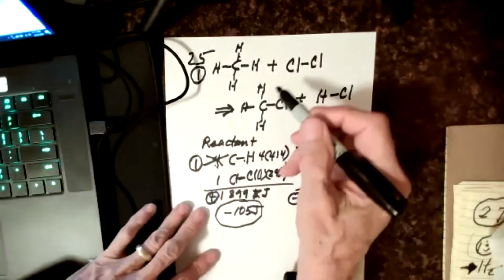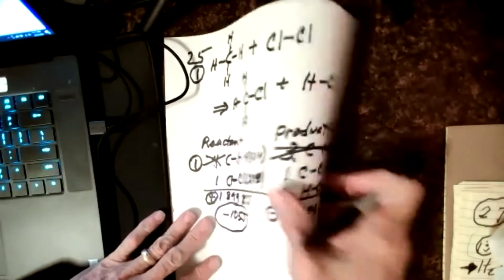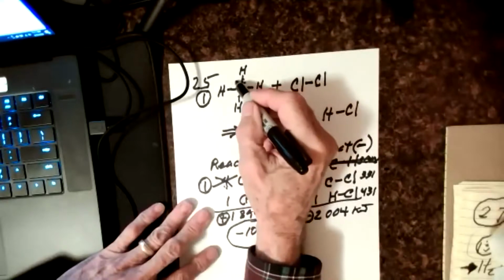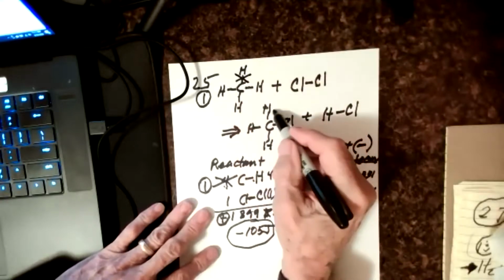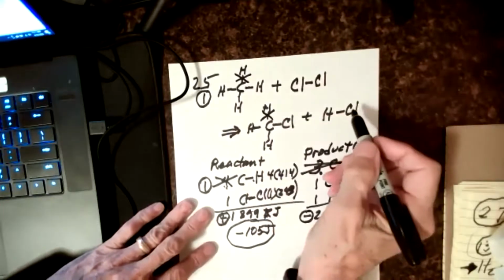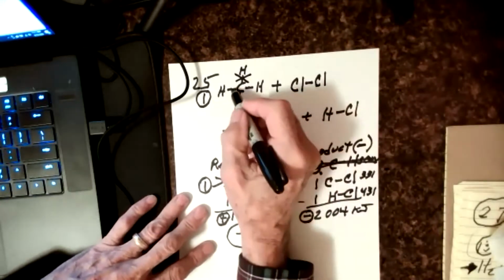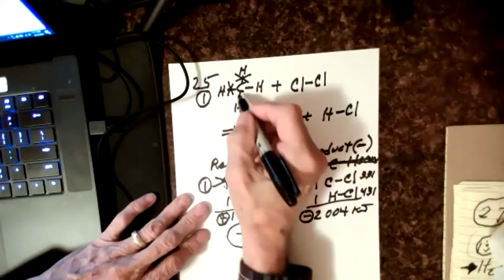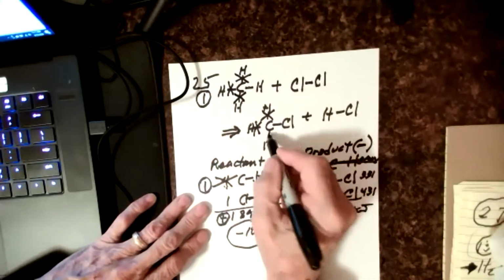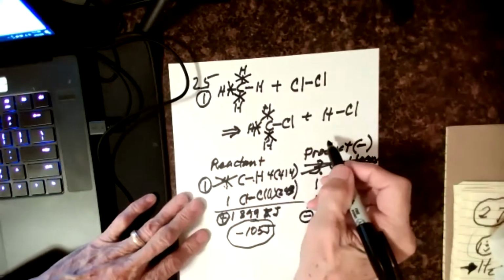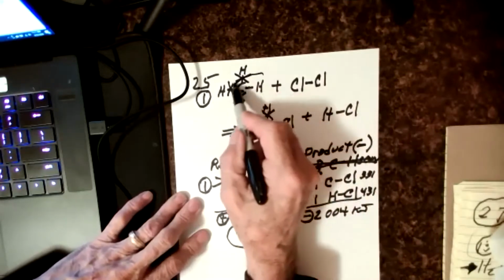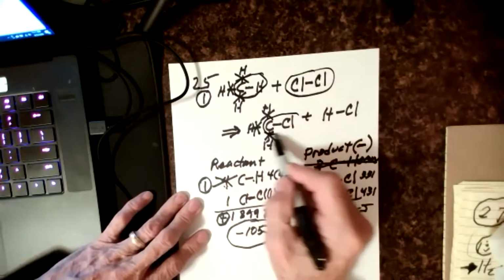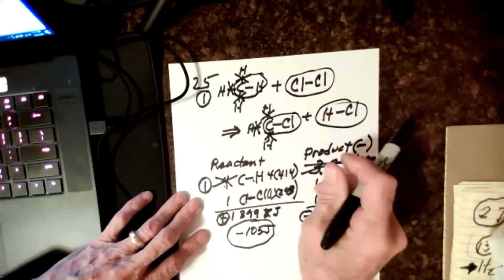Now, sometimes here's what I'll do. I see a carbon-hydrogen bond in the reactants, that one, and I see a carbon-hydrogen bond in the product, so I'll do that. I see another carbon-hydrogen in the reactant and another one in the product, and another one in the reactant and another one in the product. Now, when I do that, I see I only need to use this one and this one in the reactants and this one and this one in the products.